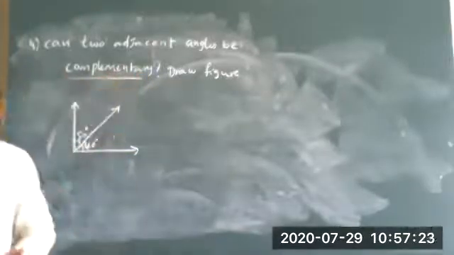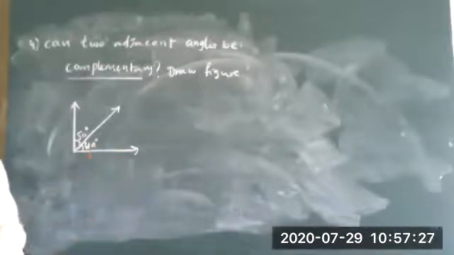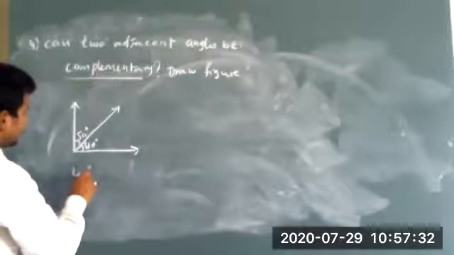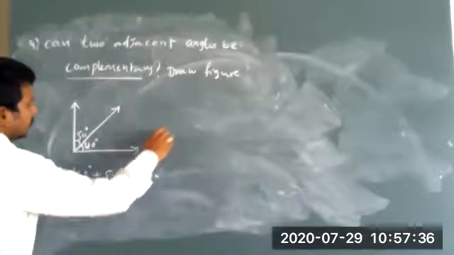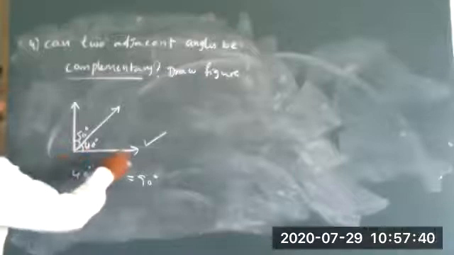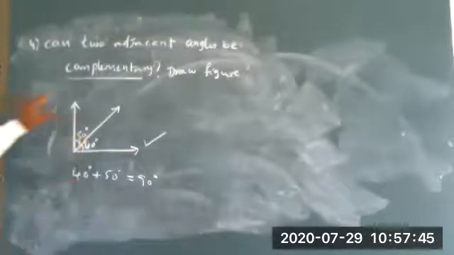What about complementary? When the sum of two angles is equal to 90 degrees, it is called complementary angles. So 40 degrees plus 50 degrees, total how much, children? 90 degrees. So they are complementary angles. The 40 degrees and 50 degrees angles are both adjacent angles.